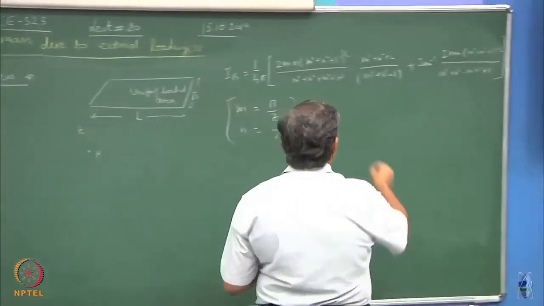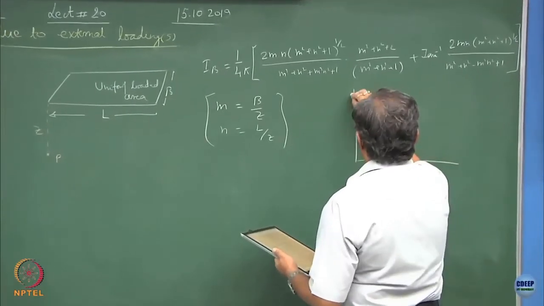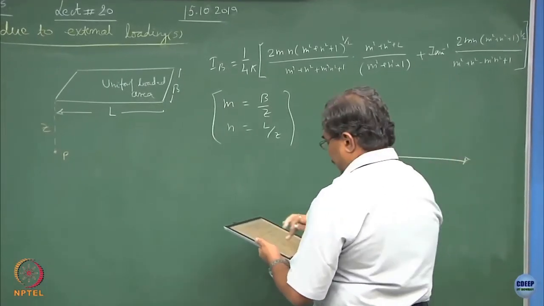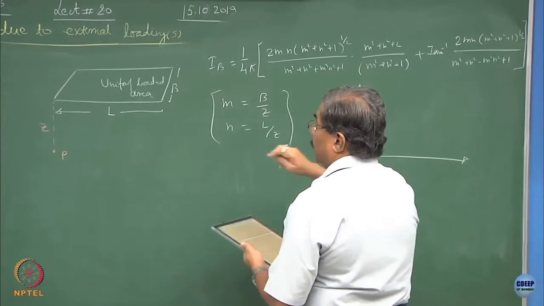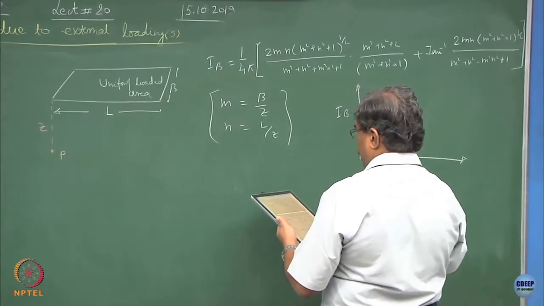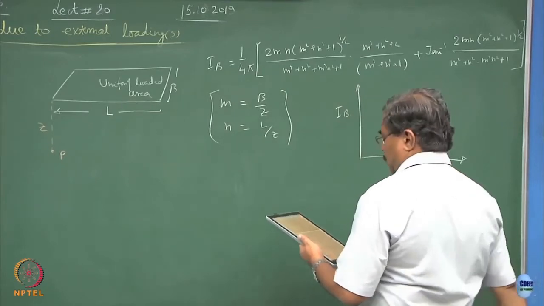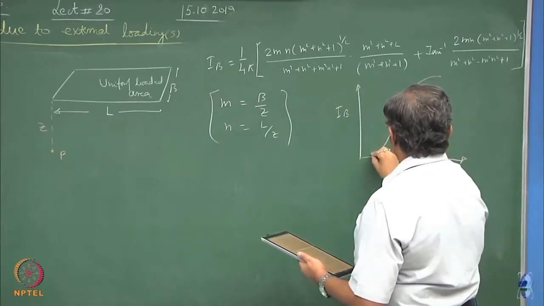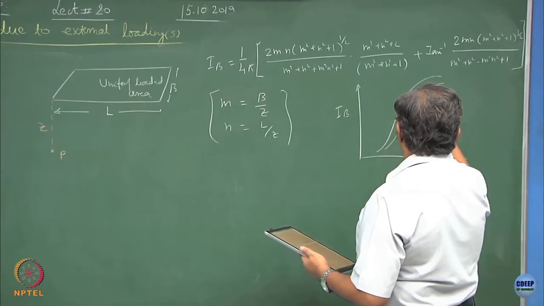Conceptually, these are nothing but the graphs which look like this, the Fadam's chart. This is the influence factor IB, this is m, and this is how n varies.